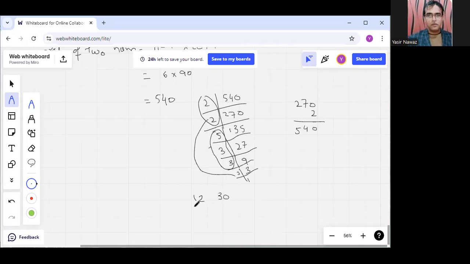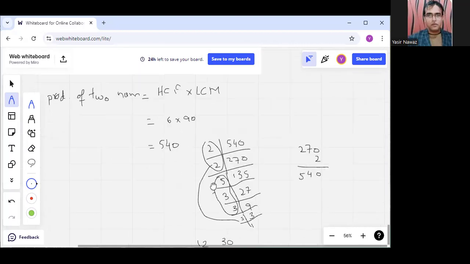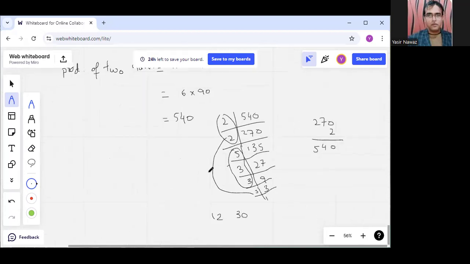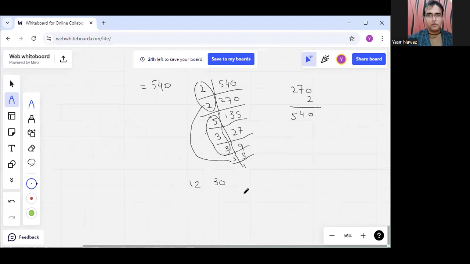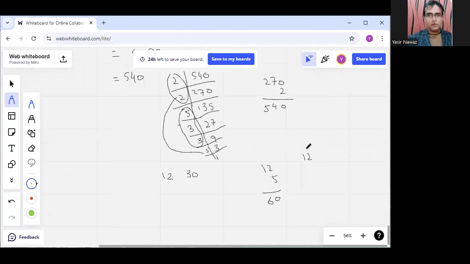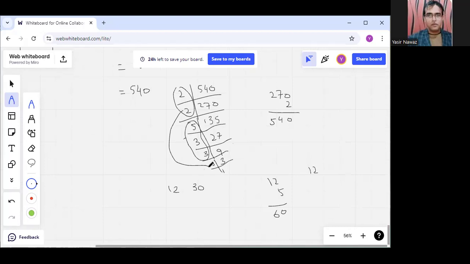So now 6 is the common factor of these two numbers, and their LCM would be 90. 30 times 3 is 90, and 90 divided by 12... Lowest common multiple, so no, it's not 12.